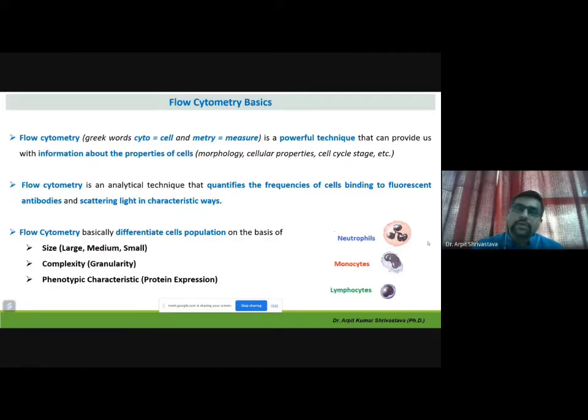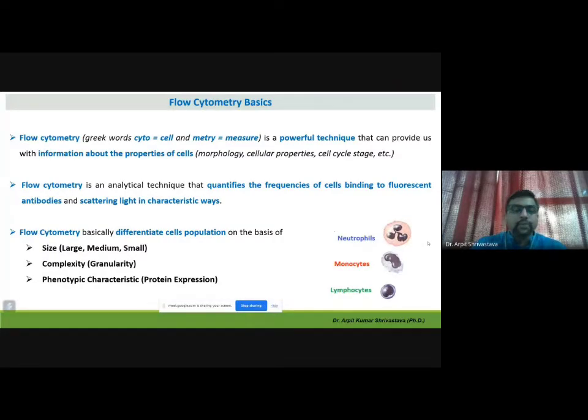So with flow cytometry, we can differentiate cells, sort cells, and do phenotypic analysis. Actually, flow cytometry is an analytical technique that quantifies the frequencies of cells binding to fluorescent antibodies and scattering light in a characteristic way. We will understand in detail in the next few slides the actual principle of this technique and the physics behind it, but this is the basic idea.